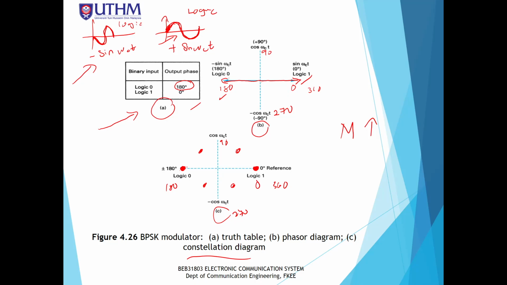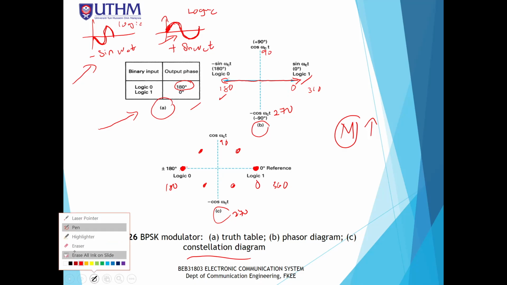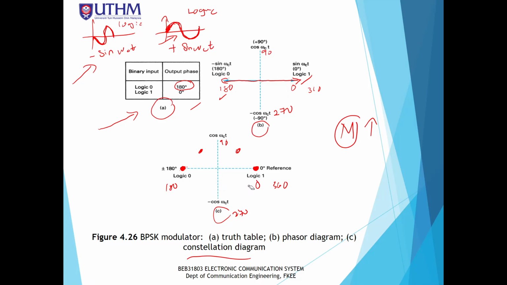If we go to higher level modulation, if the value of M is higher, that means we're gonna have many symbols. Each of these constellation points represents a symbol. Now we are using BPSK.